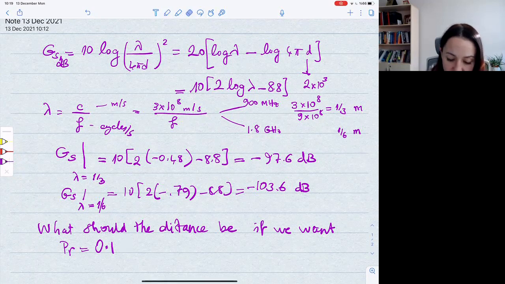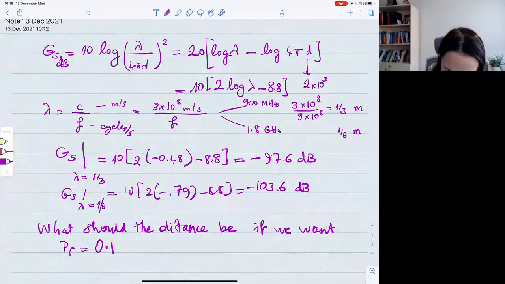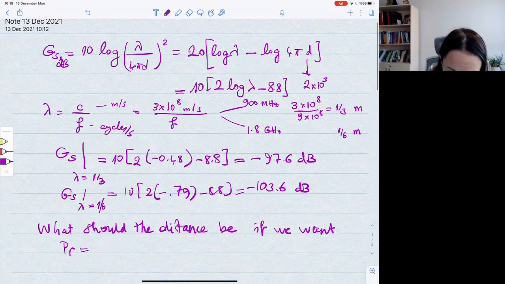In the slide it says 1 dBm, 1 milliwatt, but I want to change this to something more realistic. 100 microwatts.